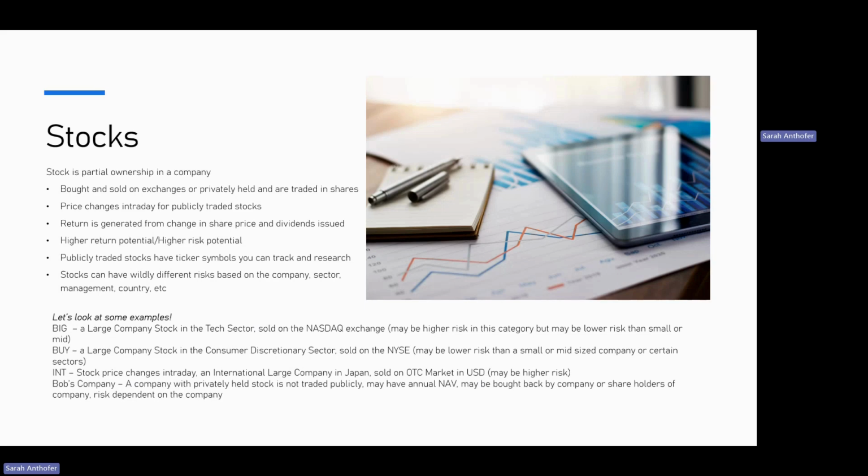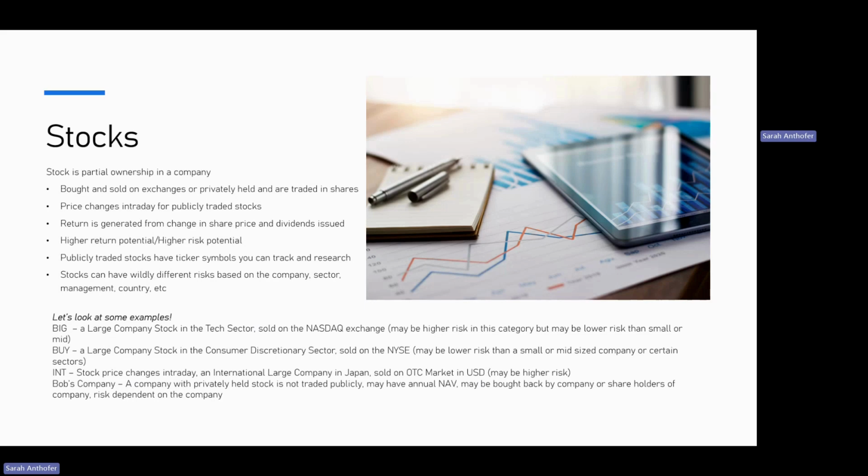When we say that they're bought and sold on exchanges, or they're privately held and traded in shares, what they're talking about there is what market I'm going to buy or sell a stock on. At a high level, sometimes people think about the Dow or the S&P. Those are actually not exchanges.